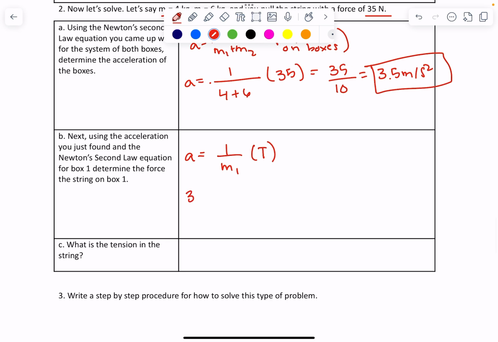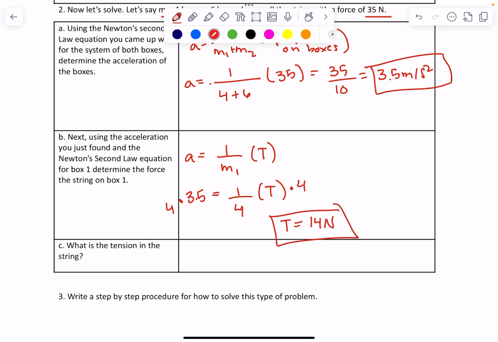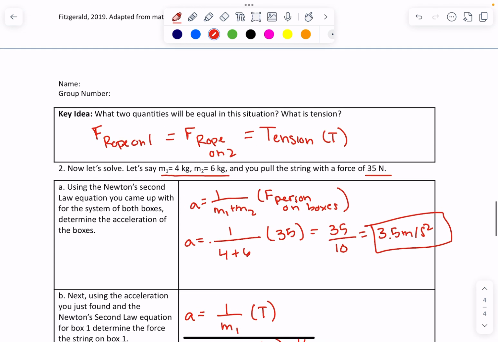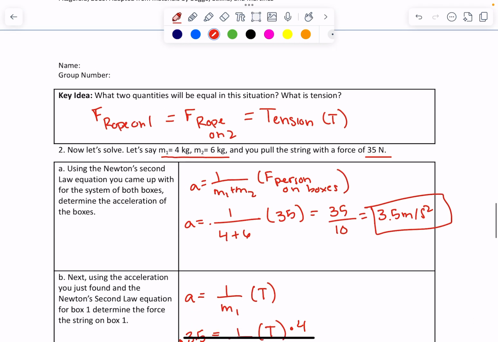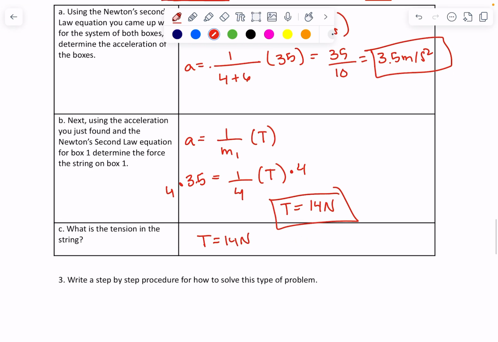My acceleration is 3.5 equals 1 over 4 times T. To get T by itself, I multiply both sides by 4, and I get a tension equal to 14 newtons. That's our tension force. Again, we're using the fact that the force the rope exerts on 1 is equal to the force the rope exerts on 2, and that's called our tension force, so it's the same for both of them.